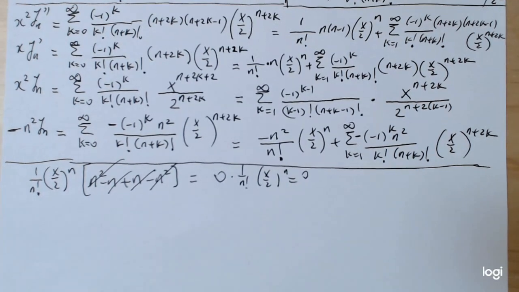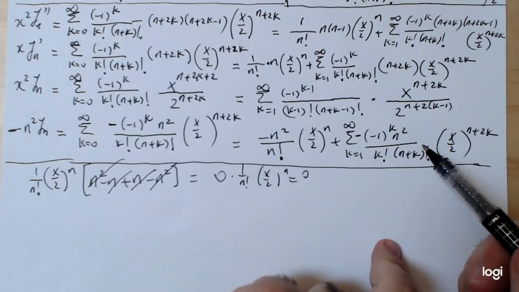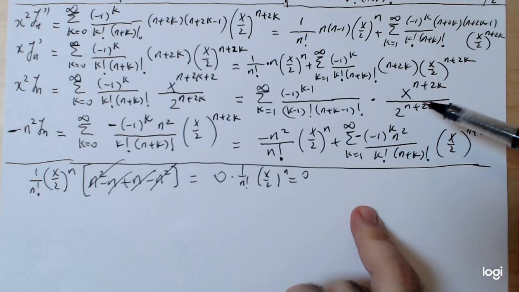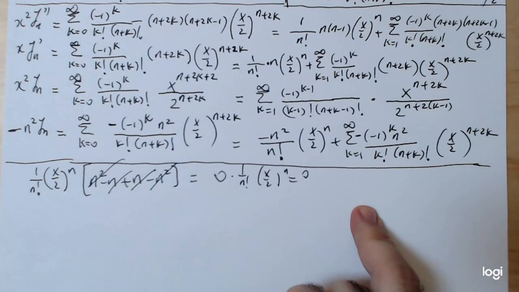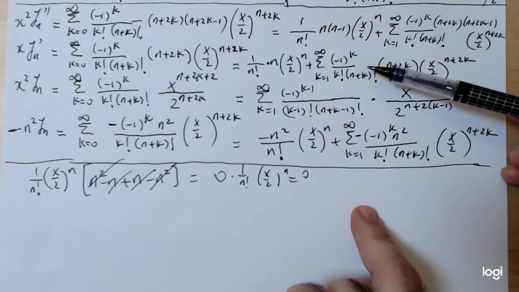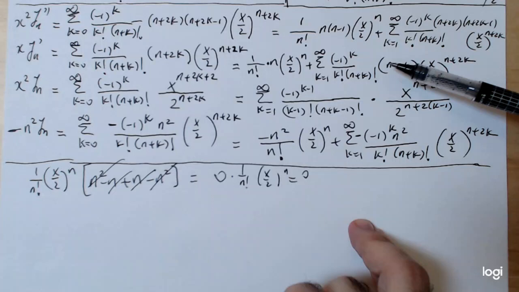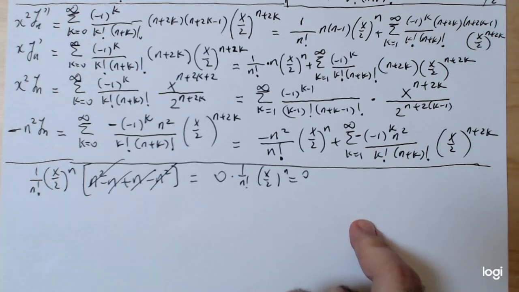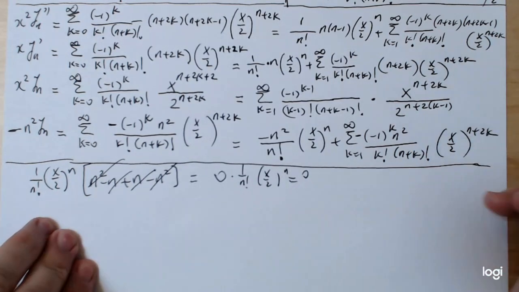All right. Now comes a slightly more tedious part, and let's look very, very carefully at what we're going to have here. When I combine these summations, we can pull out some common factors. So let's identify the most efficient common factor we can pull out. Obviously, we can pull out x over 2 to the power n plus 2k.